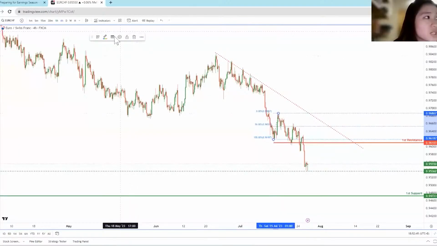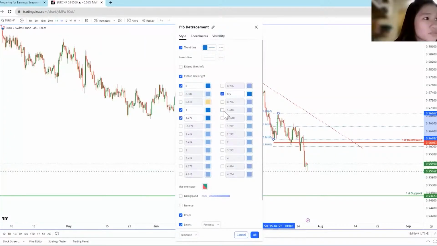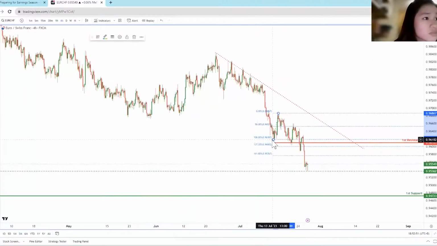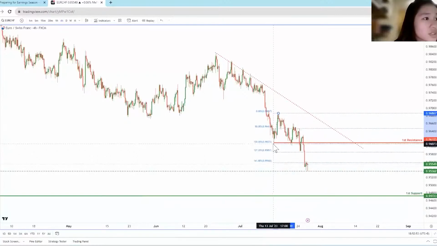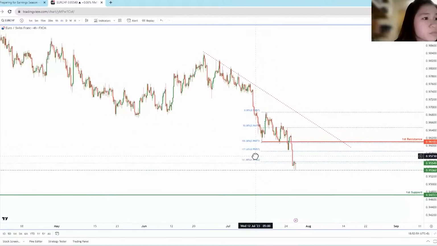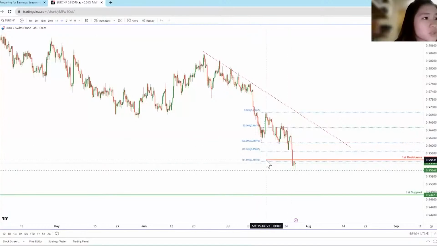Okay, so earlier I mentioned Fibonacci extension. So we're going to take a look at it. Okay, I have my first resistance here.